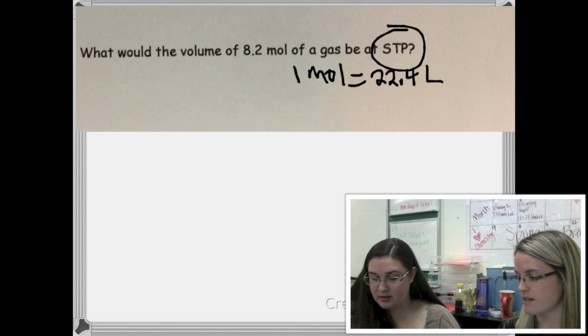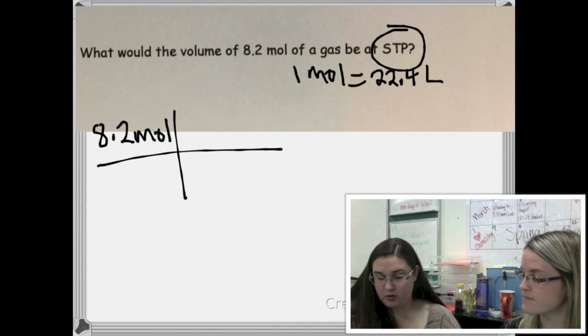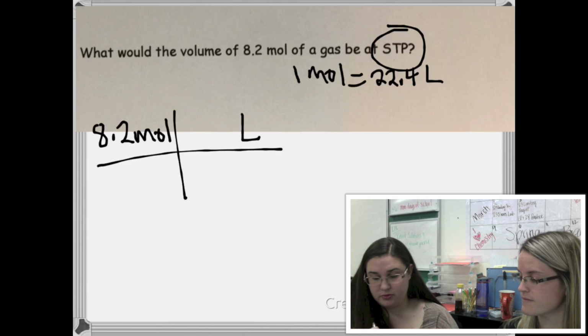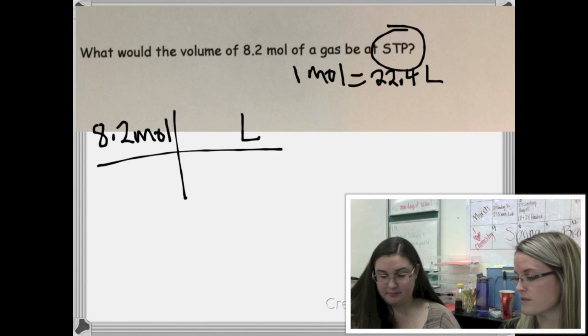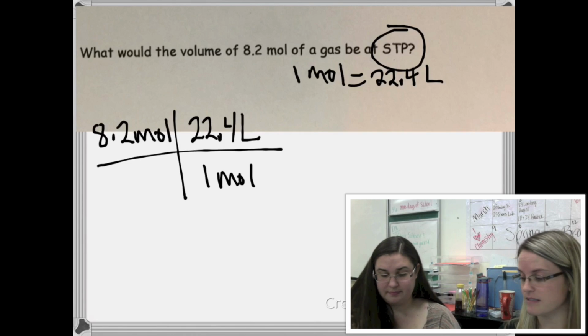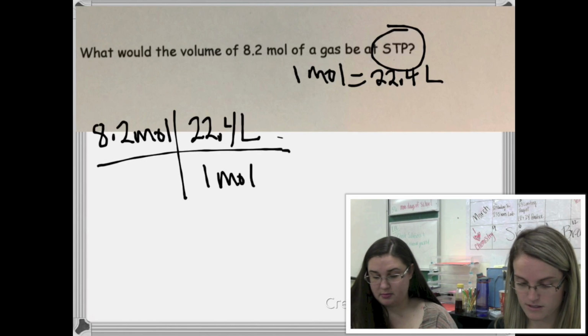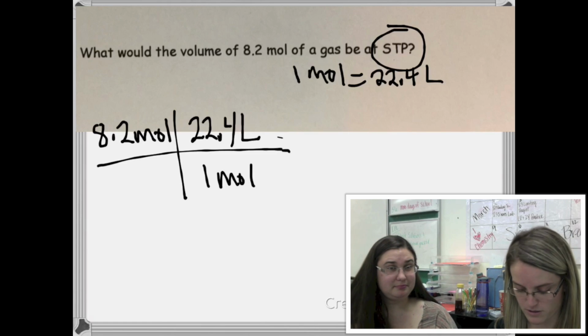So if I have 8.2 moles and I want to know my volume, which is going to be in liters, and I know that 1 mole is always equal to 22.4 liters at STP, then I can just multiply. So we multiply straight across. Again, if you don't have a calculator out, you might want to grab one.